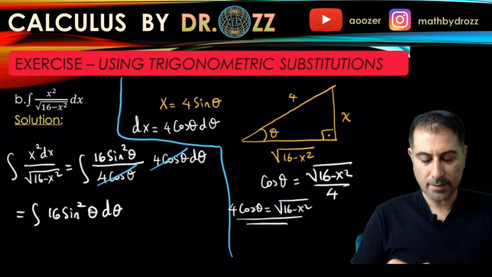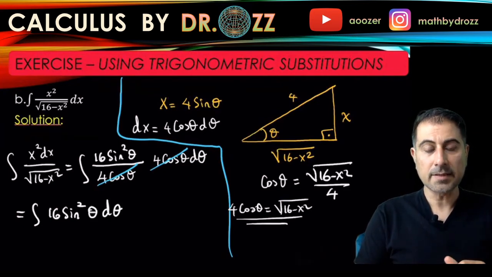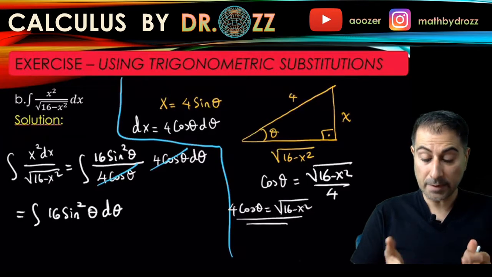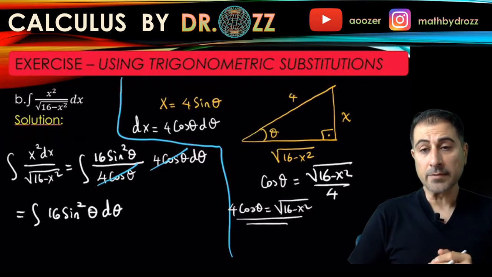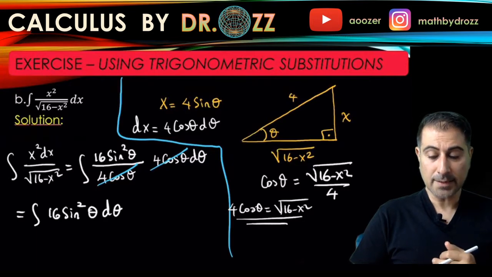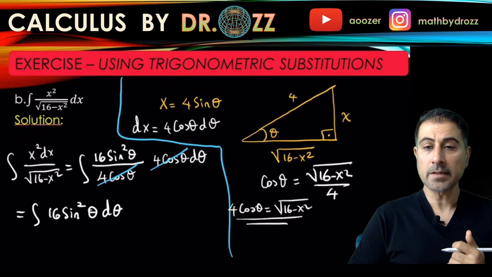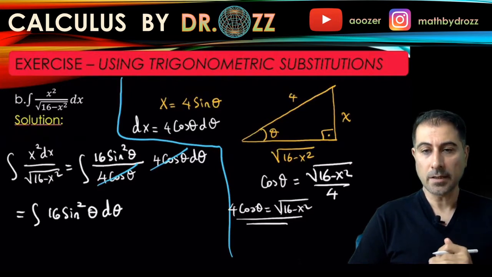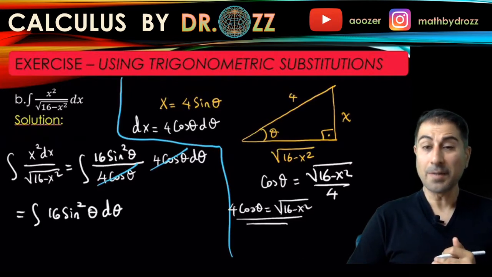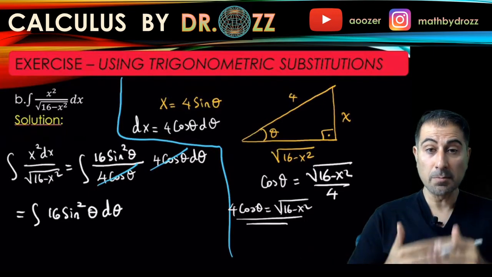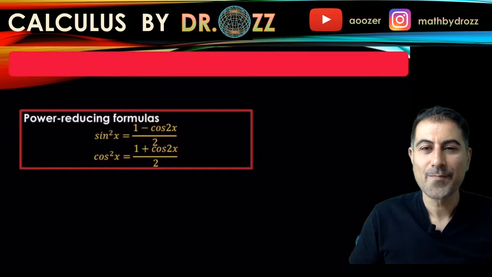And this is the topic of the previous section, an integral involving the powers of sine and cosine, but in this case it's just sine, so sine raised to the power of 2. One of the items listed over there was telling us that if you have even powers of sine or cosine in the integral, you may try using the power reducing formulas. So let me just remind you what that is.